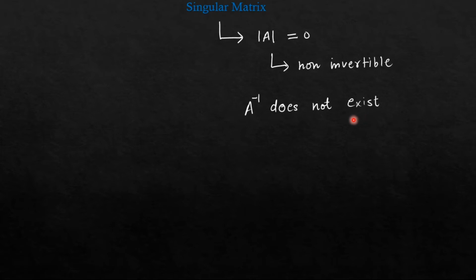Now, why is inverse of a matrix so important? Inverse of a matrix becomes important when we are solving linear equations. As I told you, one of the applications of linear algebra is solving simultaneous linear equations.